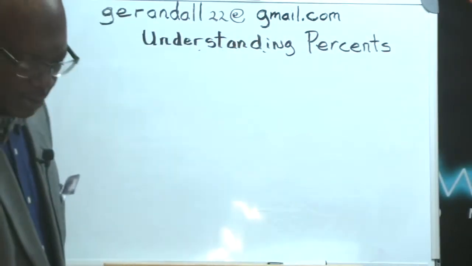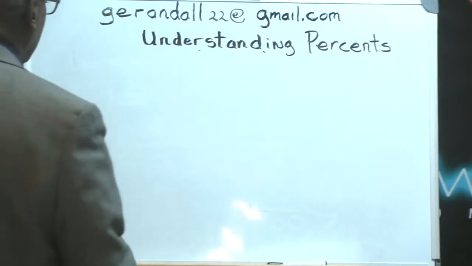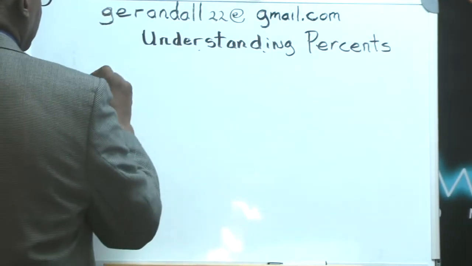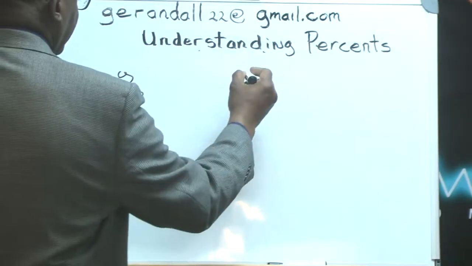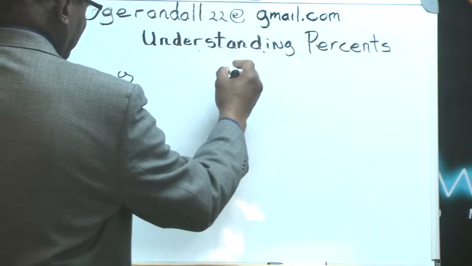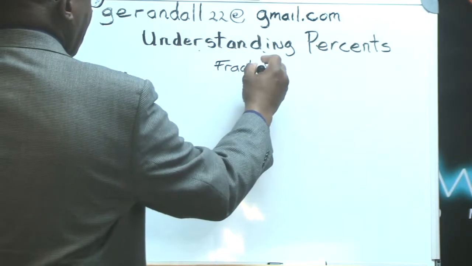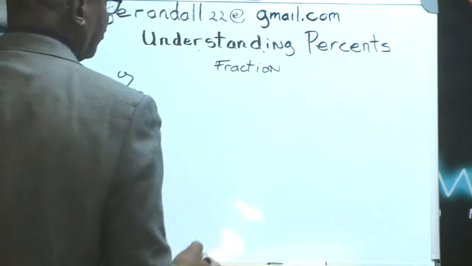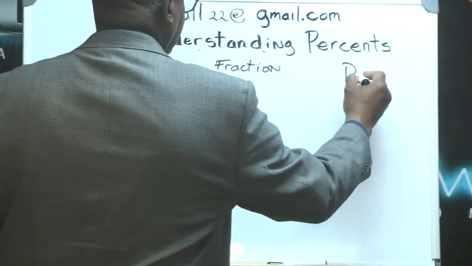Now we're going to look at some simple conversions of percentage. Because again, your teacher's going to ask you to take 2% and convert it to a fraction, and convert that fraction to a decimal.